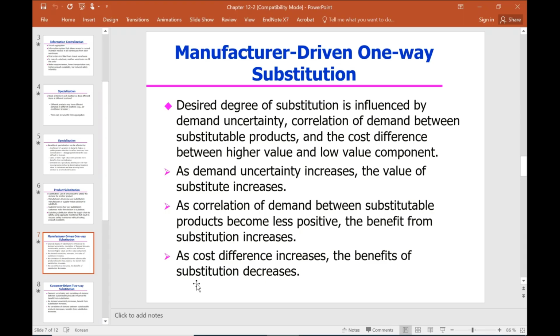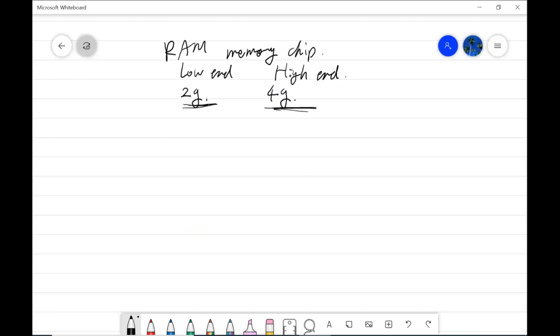Why is that? As we learned, the correlation coefficient indicates the movement of two product demands. So if the correlation coefficient is less positive, or negative, what does that mean?